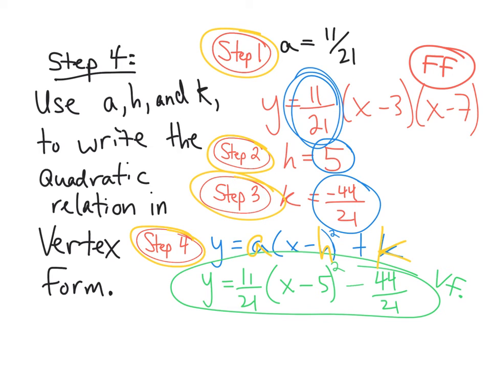And we have all 3 of those values. So after you sub them in, you have vertex form. y equals 11 over 21 (x minus 5) squared minus 44 over 21. Vertex form for a quadratic relation that had zeros at 3 and 7 and a y-intercept of 11.